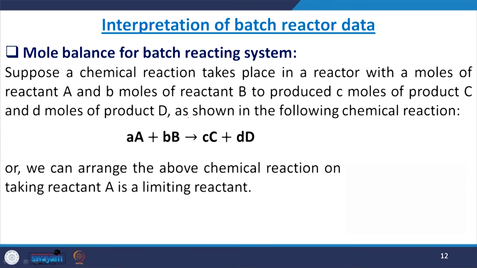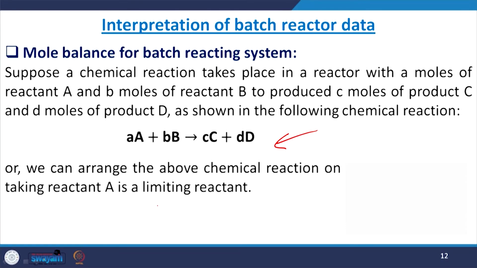Now, suppose a chemical reaction takes place in a reactor with reactants A and B, with the corresponding stoichiometric numbers small a and small b, and by reacting with each other they form the products C and D with the corresponding stoichiometric numbers c and d.